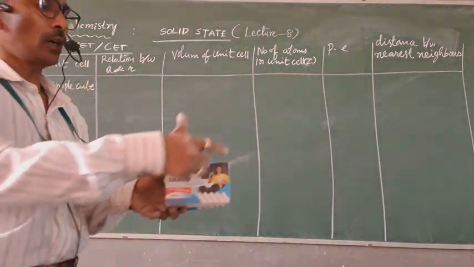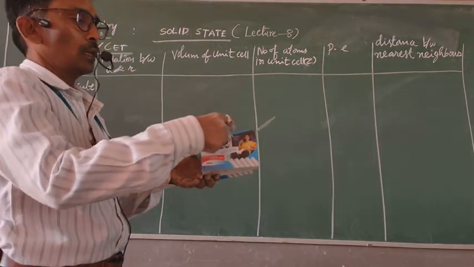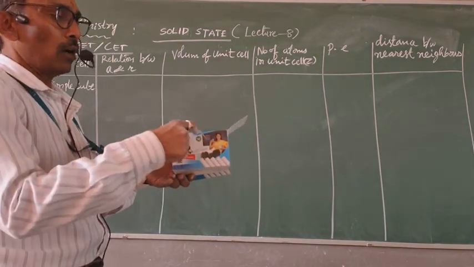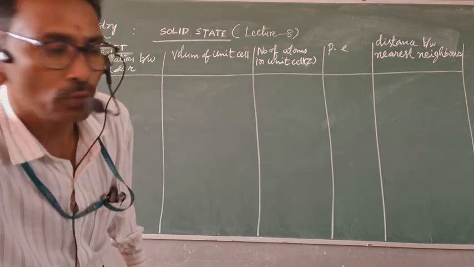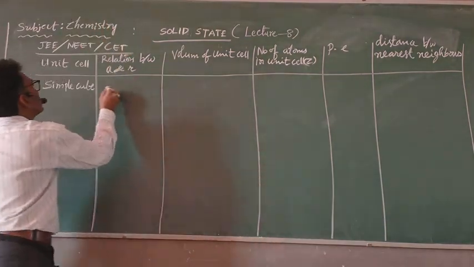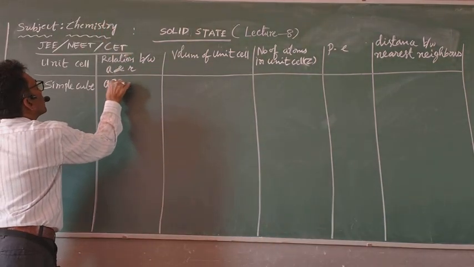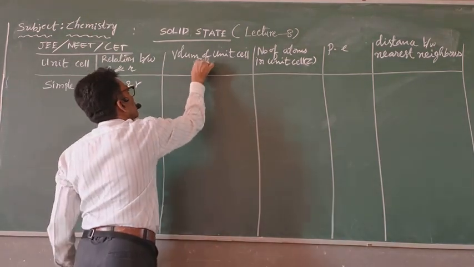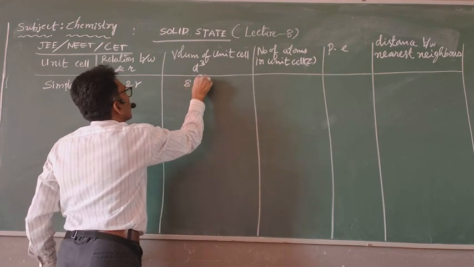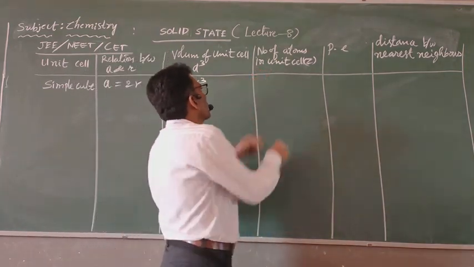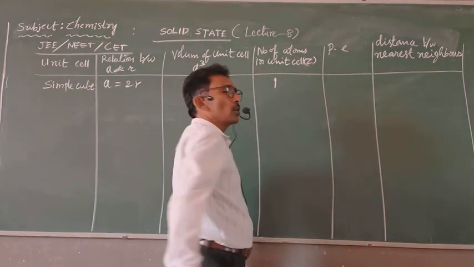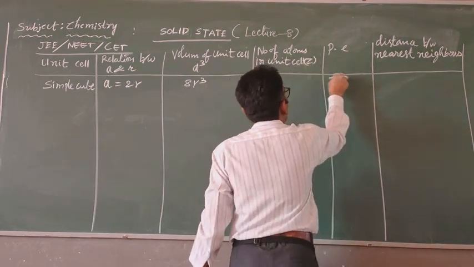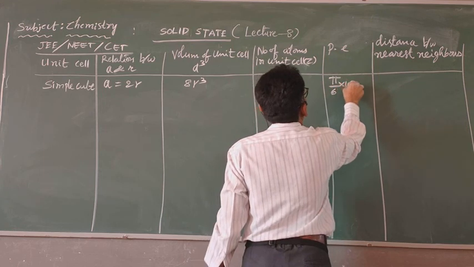As the particles are at adjacent corners, the length between two corners is r plus r, so a is equal to 2r. Then volume of unit cell is a cube, that is 8r cube. Then number of atoms per unit cell is 1, 8 corners into 1 by 8. Then packing efficiency is pi by 6 into 100.